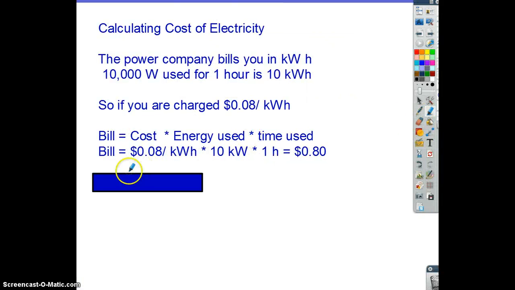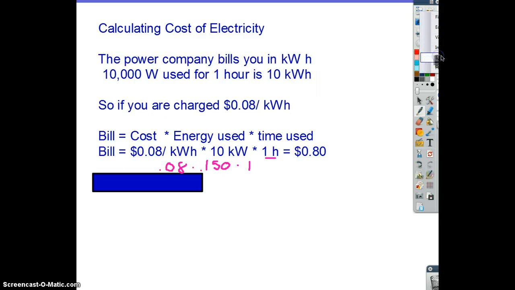If I want to watch television for an hour, and that was 150 watts, so in kilowatts that's 0.15 times an hour times 0.08. Oh, I better get out my calculator here.